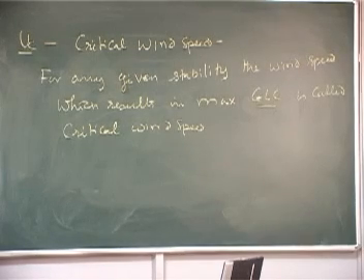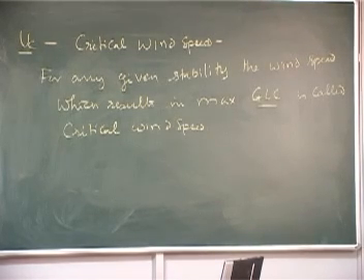We will not do that one, but at least you got the feel that there can be and there is a critical wind speed where the conditions can really be very, very bad, okay, and that is what sometimes we are interested in.